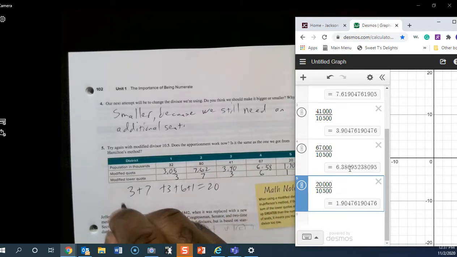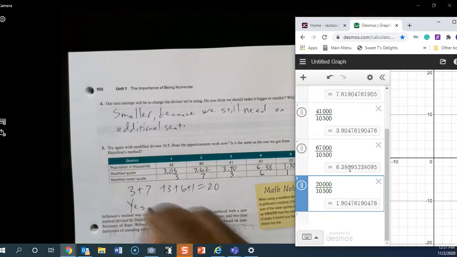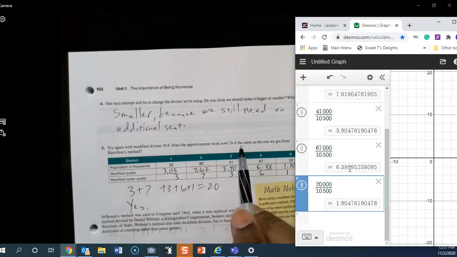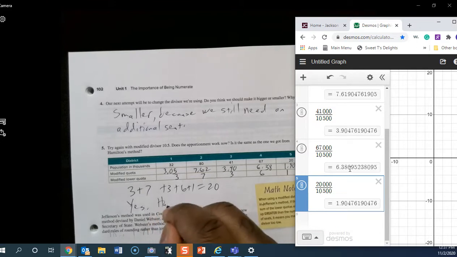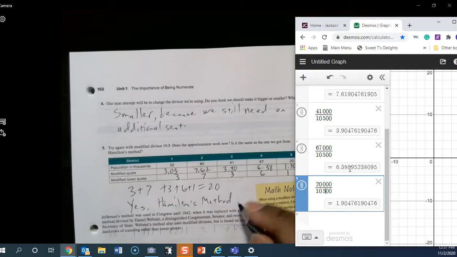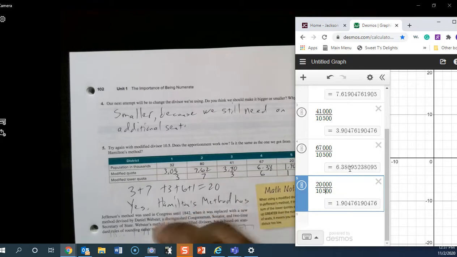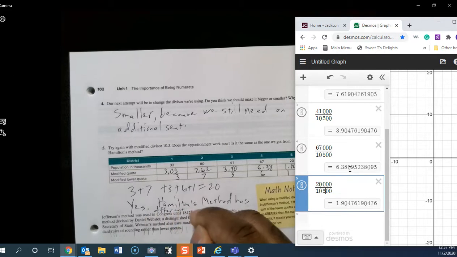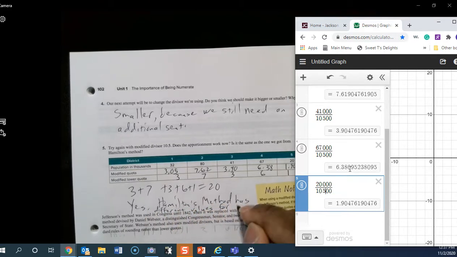We would say yes. And then they ask, is it the same as the one we got from Hamilton's method? Hamilton's method has different values for 2 of the districts.